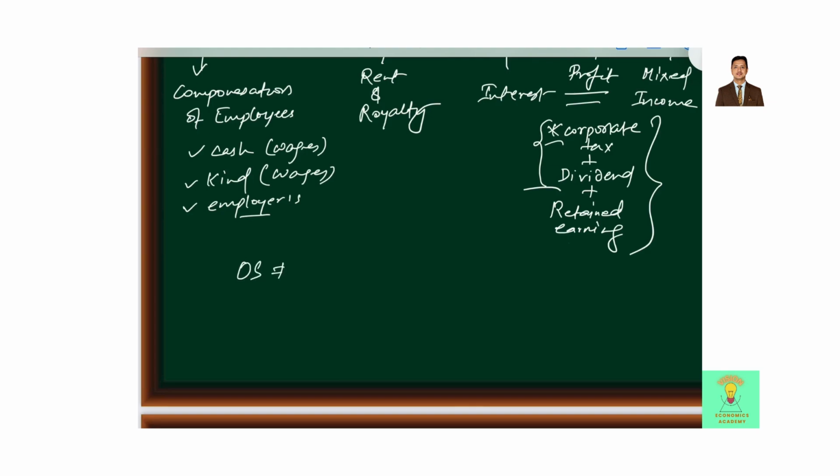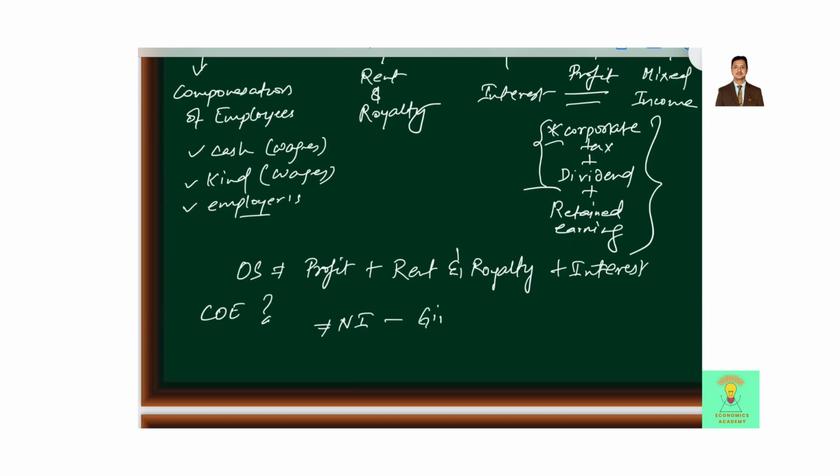Sometimes the question asks us to find the operating surplus. Operating surplus we have already discussed. It is profit plus rent and royalty plus interest. Now, solving the numericals would be very exciting. Sometimes the question will ask you to find compensation of employees rather than finding the national income or NDPFC or GDPFC. At that time, what would we do? The national income value will be given either in the form of GDP or NDPFC, anything.